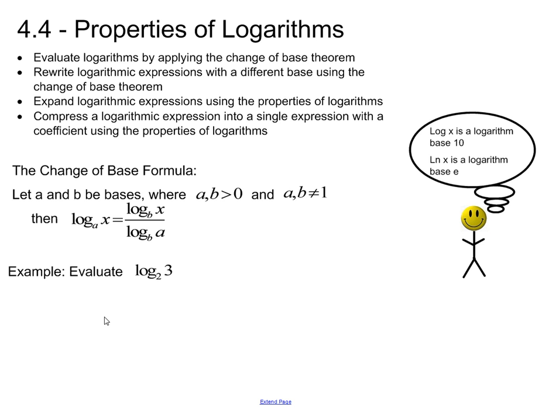So this would say, all right, the logarithm base 2 of 3 by the change of base theorem would be the same thing as the common logarithm of 3 divided by the common logarithm of 2. That's it, right?